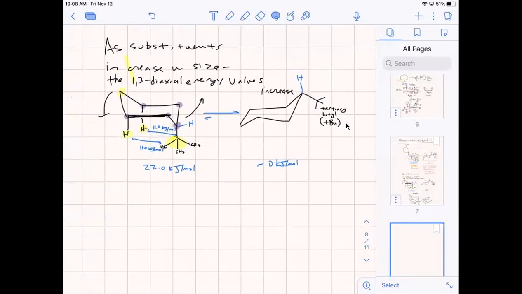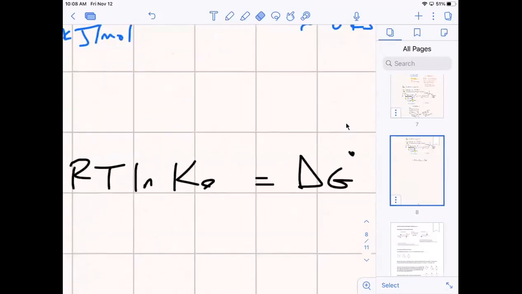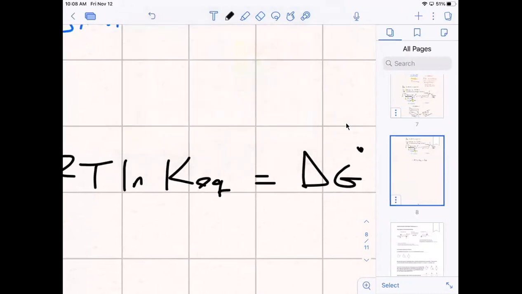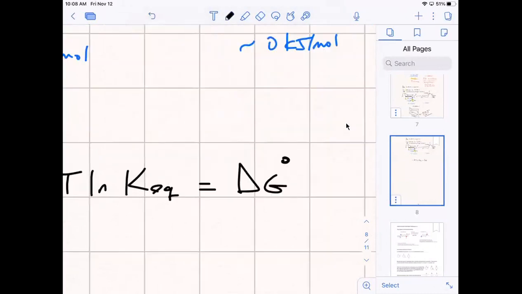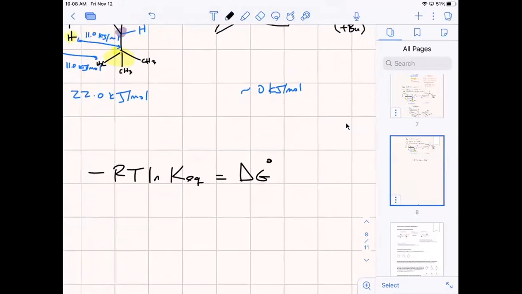All right. So we can look at this equation, and we can figure out the ratio of conformers based on it. And this is delta G naught. So if I wanted to solve for KEQ, I need to divide both sides by minus RT.